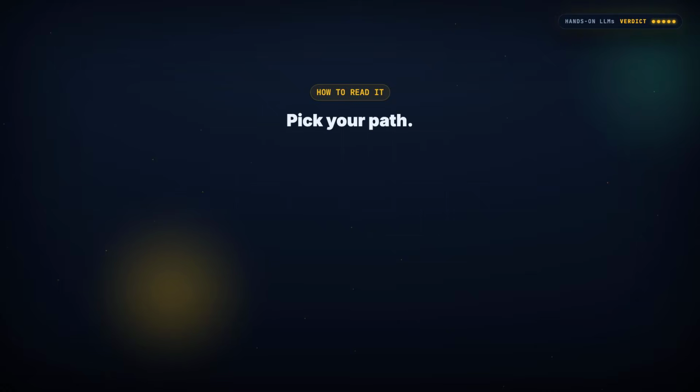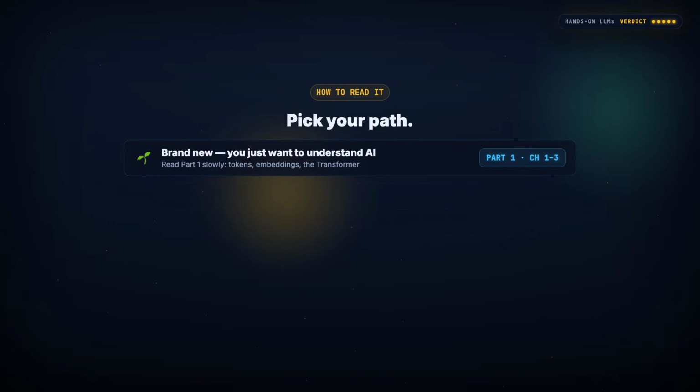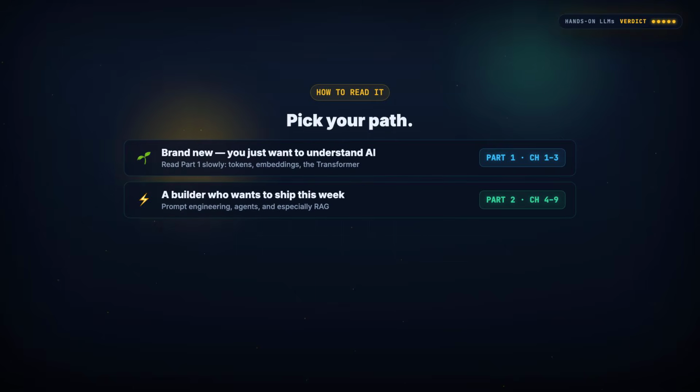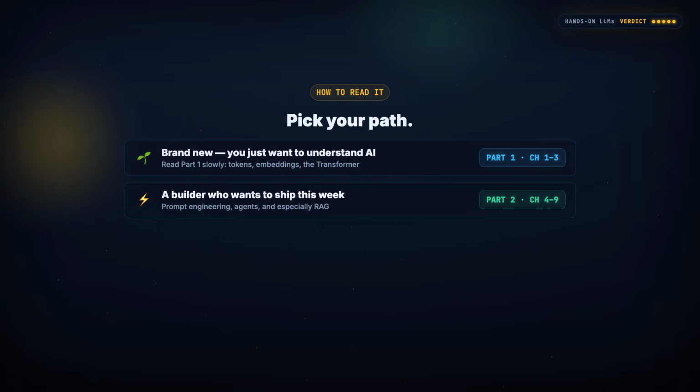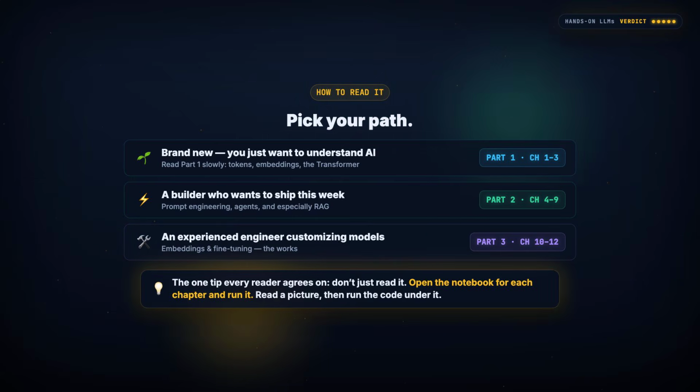So, how should you actually read it? You've got a few good paths. If you're brand new and you just want to understand, read part 1 slowly, chapters 1 through 3, tokens, embeddings, and the transformer. Honestly, those 3 chapters alone will put you ahead of most people who use these tools every day.